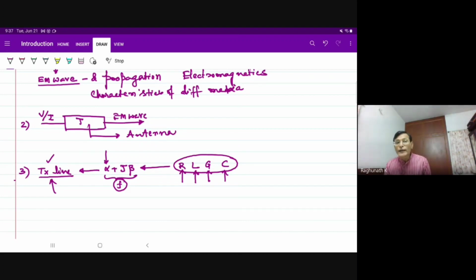While using a transmission line as the channel, a bounded channel, there is a limit to the frequency up to which it can be used.